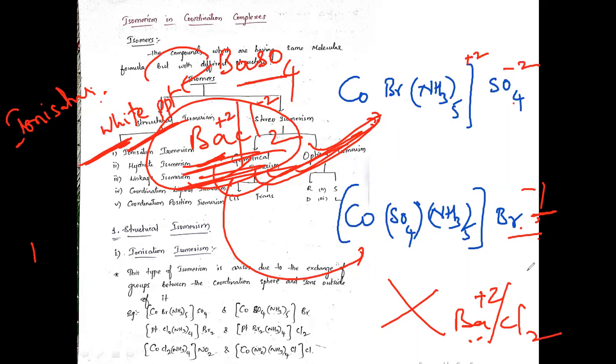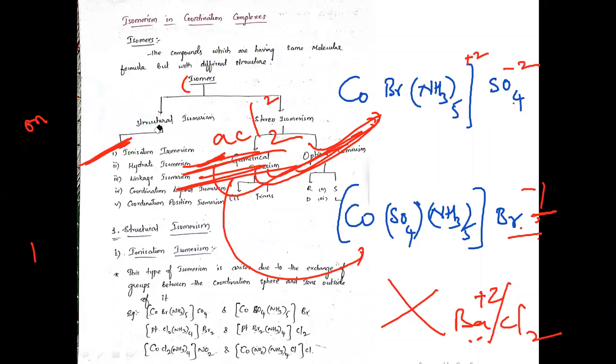So you can easily understand the isomerism here. When you take ionization isomerism, I will remove all these things.